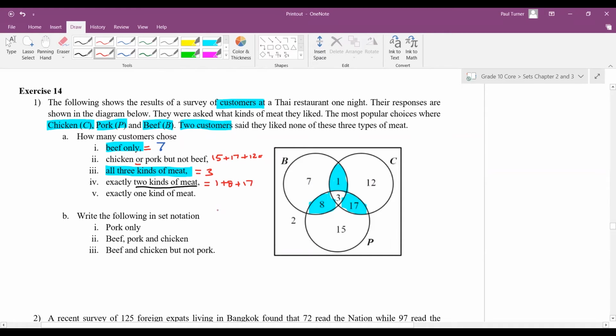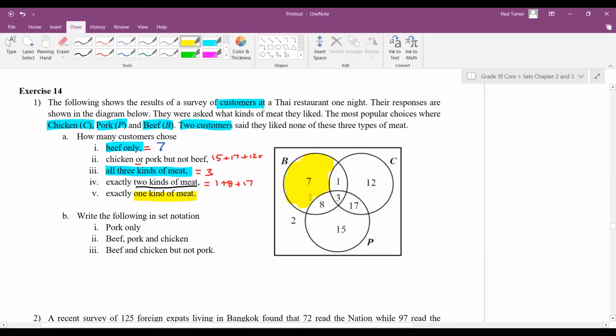What about exactly 1 kind of meat? That's kind of the opposite, isn't it? Exactly 1 kind of meat. That would be beef only, yes. I know it's really hard to speak when you've got to turn your mic on and off, but if you want to answer, you can answer.